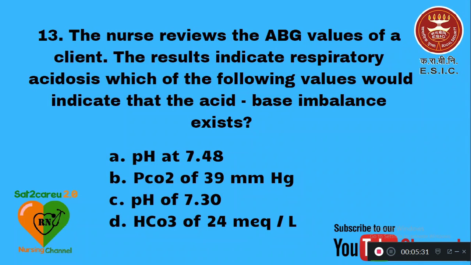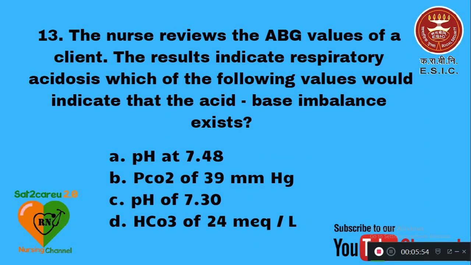Question number 13. The nurse reviews the ABG values of a client. The result indicate respiratory acidosis. Which of the following values would indicate that the acid-base imbalance exists? Option A, pH at 7.48.